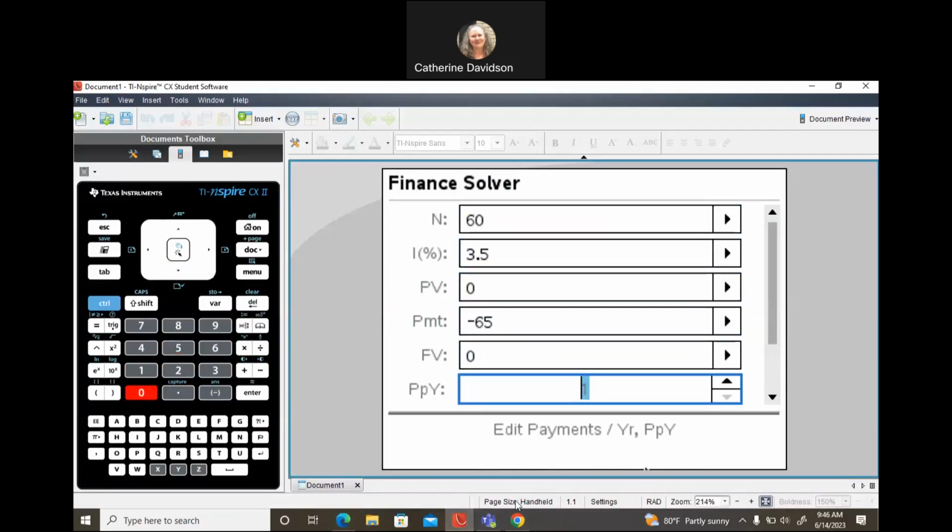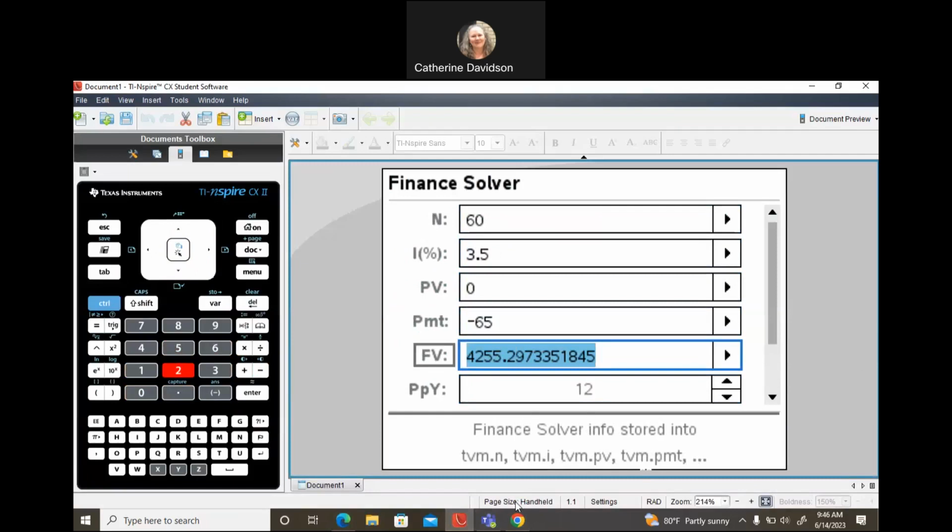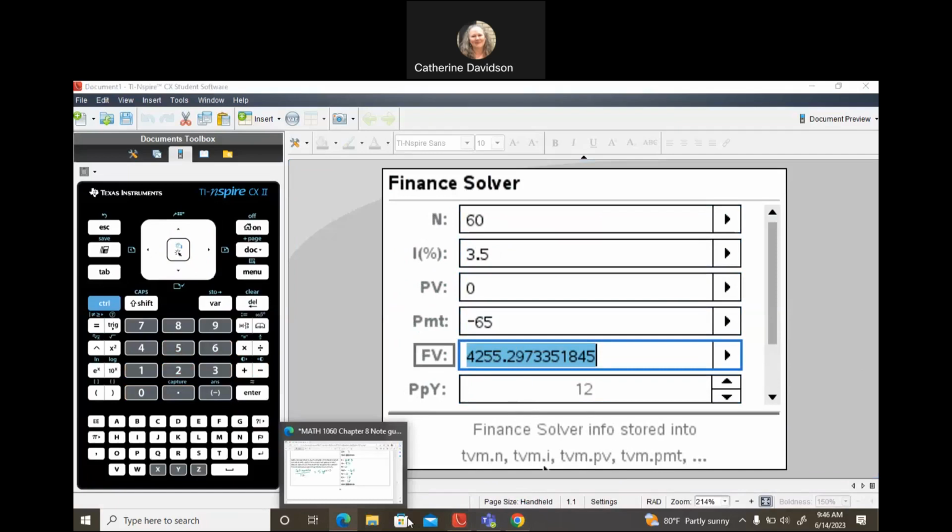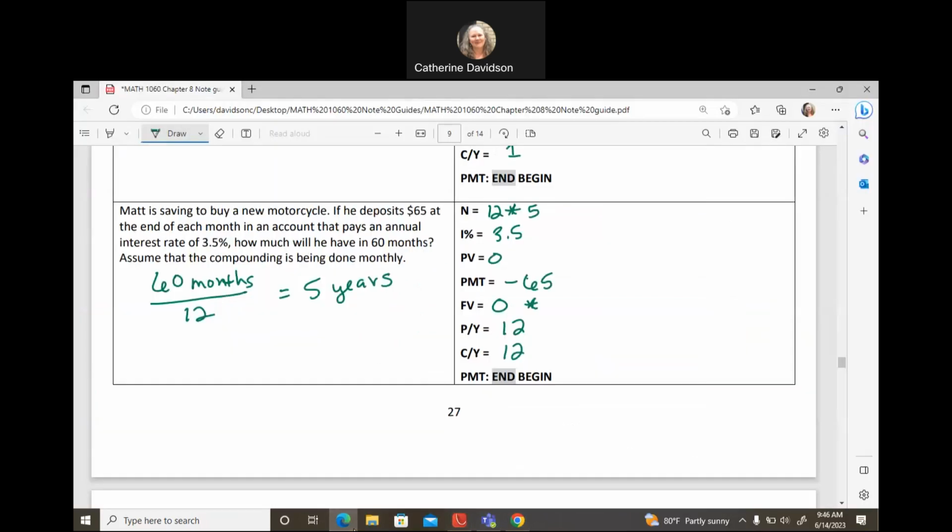PCY is going to be 12. Arrow to the left until the highlight's gone, and then you can arrow up. I want to solve for future value. 4255.30. That's how much he'll have in there after 5 years.